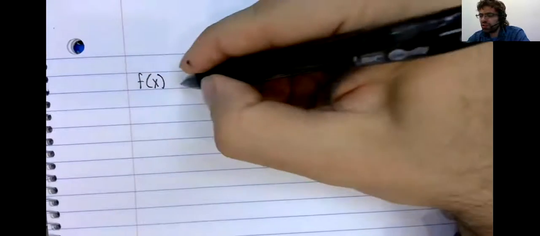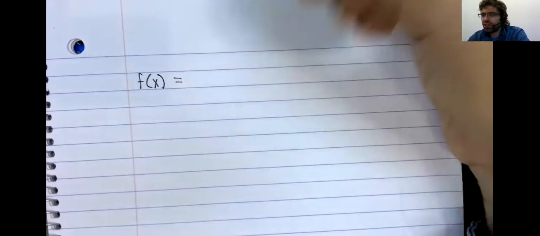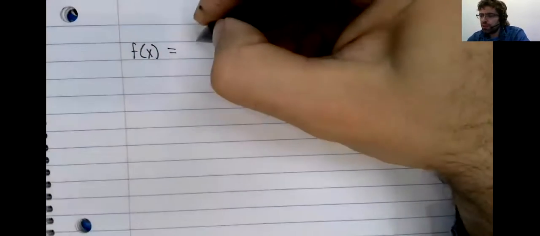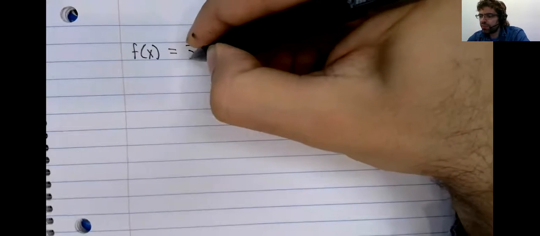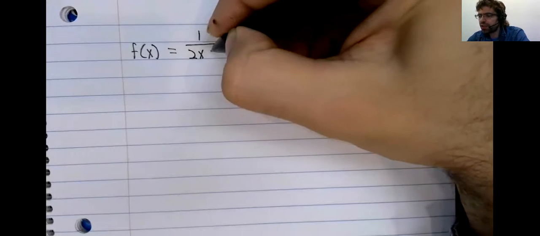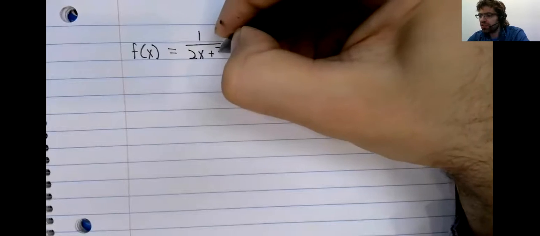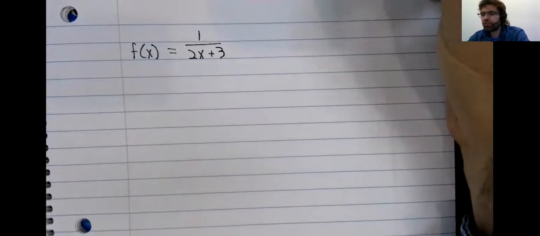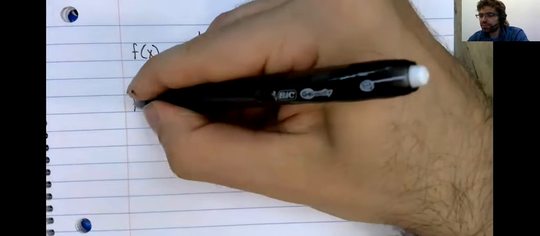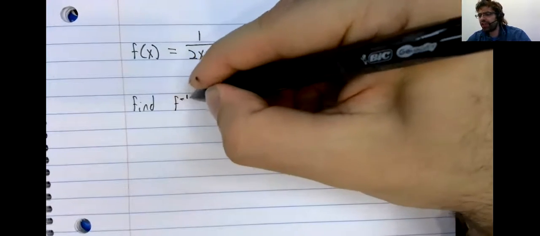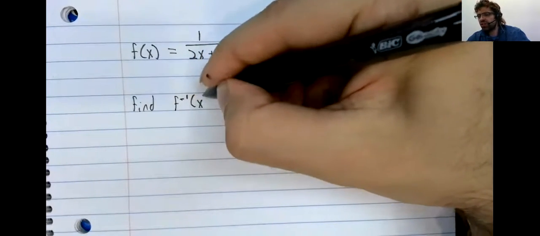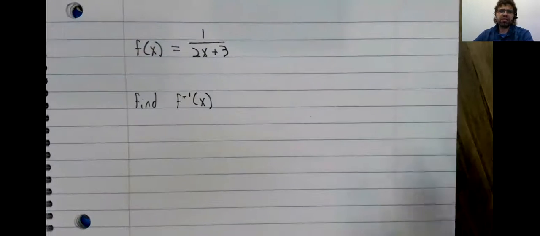Now let f of x be 1 divided by 2x plus 3. And let's find f inverse of x.